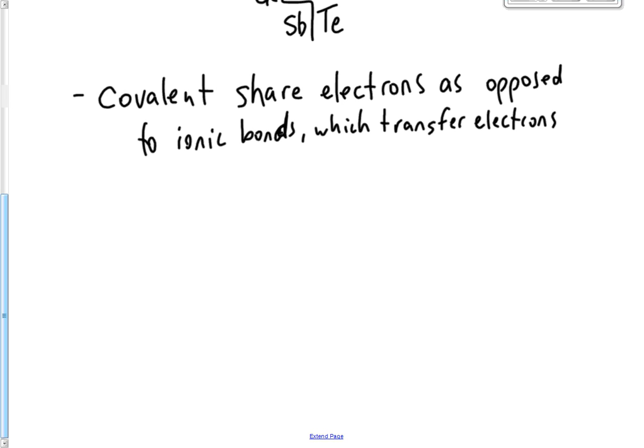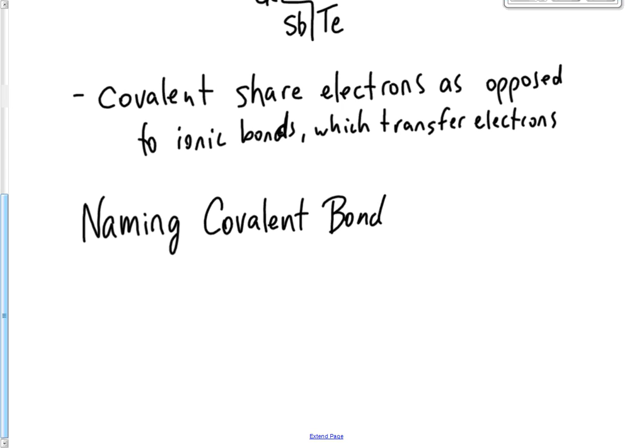Okay, so we'll get into naming these. Naming covalent bonds is pretty easy. There's no crossing over. There's no simplification. Super easy.